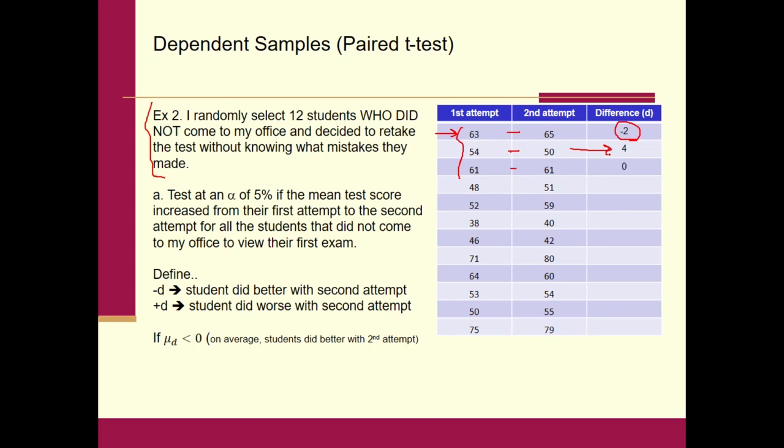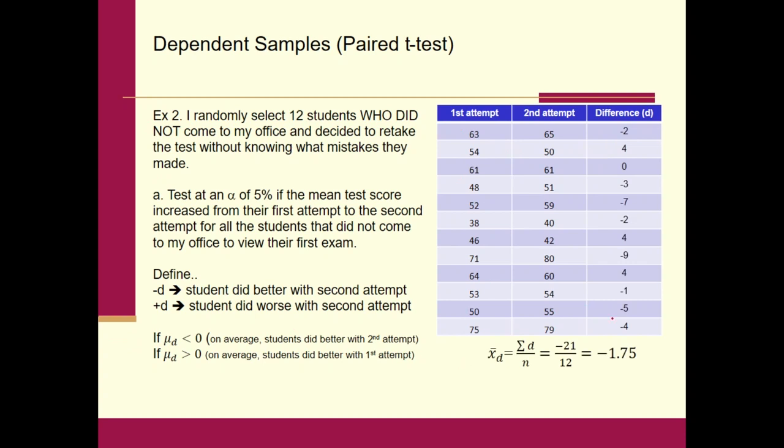So that's why we're going to test if mu sub D is less than 0 in the alternative when we actually run the hypothesis test. Hopefully that makes sense. If mu sub D is greater than 0, on average the students did better with the first attempt, and that's not good. So I think this is why we want to use that for the alternative, to see if things got better.